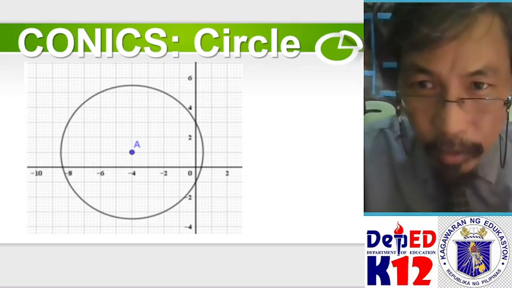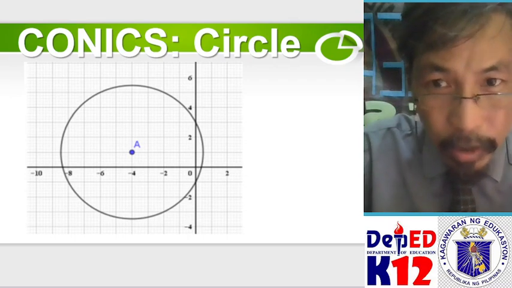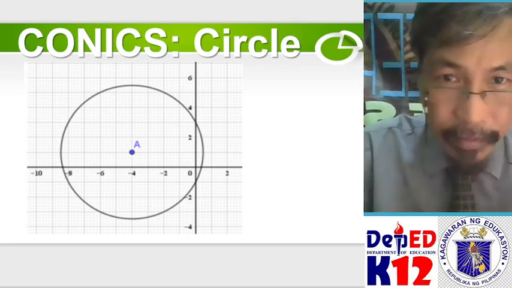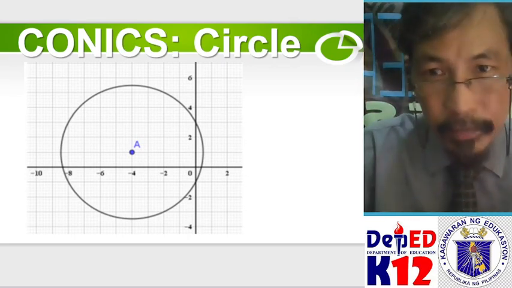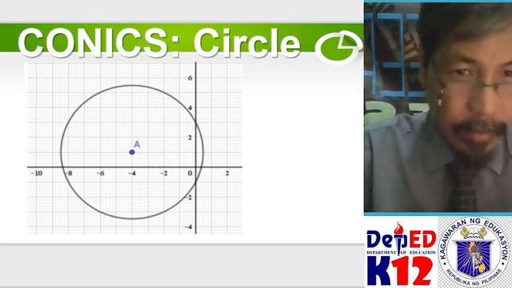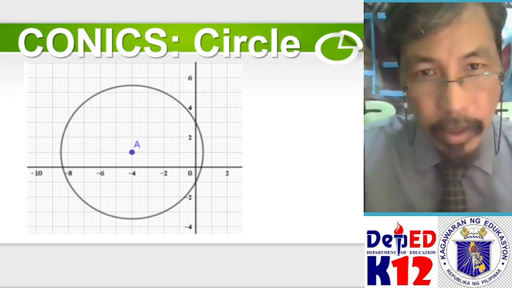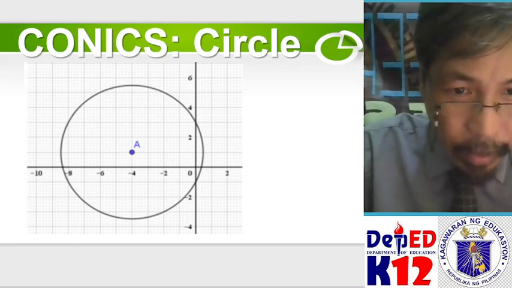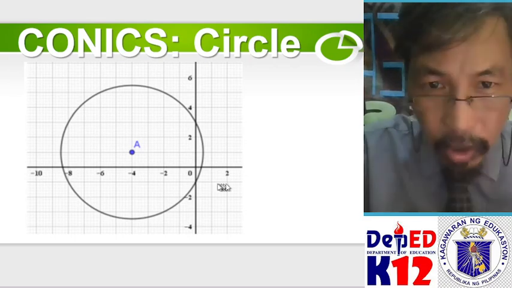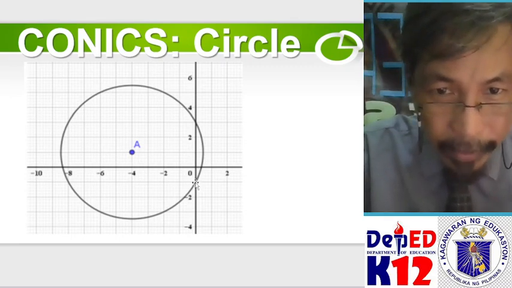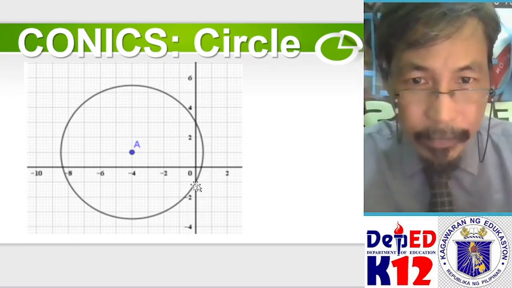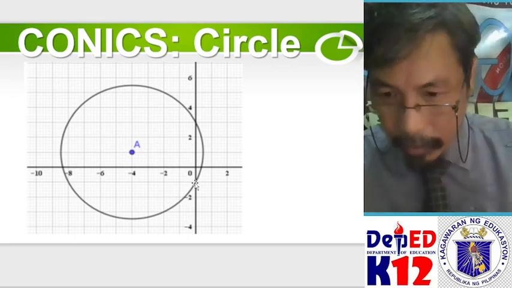There may be some of you who can see another point, but we only need 2 points. We already have a center and a point. That is enough. But you can check. You can also use another point, the lower portion, which is also x equals 0 but y equals negative 1.